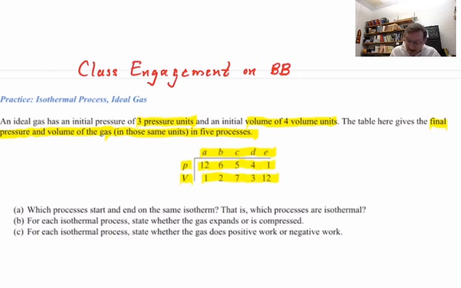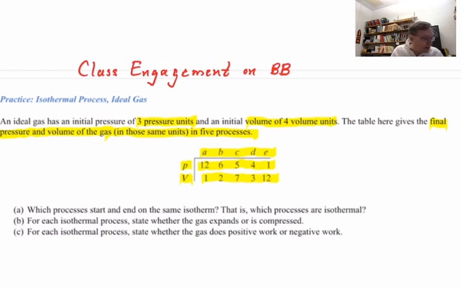Okay, so in all cases, we start with an initial pressure of 3 and an initial volume of 4. 3, 4. In process A, just to make sure it's clear here, the final pressure is 12 and the final volume is 1. You see what I'm saying?